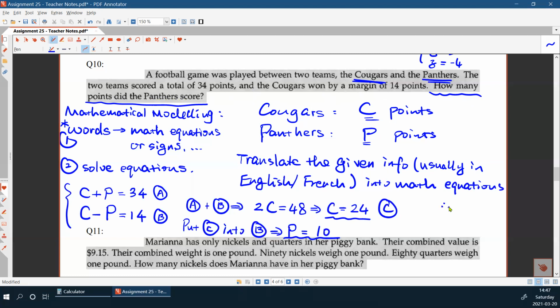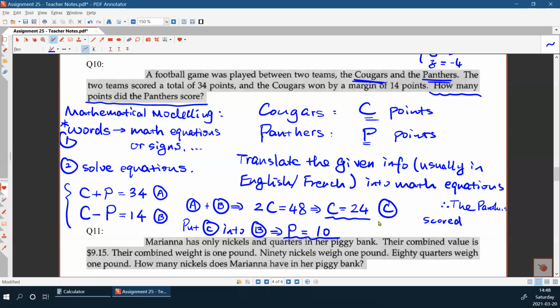Okay, usually you should answer the question at the end. So here we can say the Panthers scored how many points?